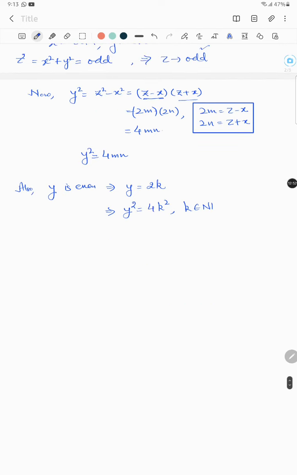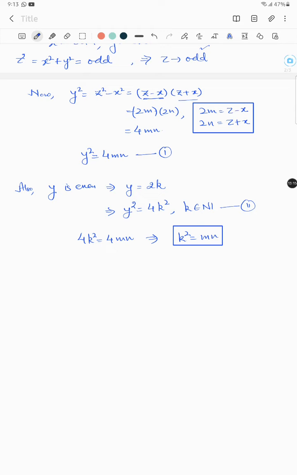So with these two equations, let me name this number 1 and this number 2. From first and second, 4 times k square is equal to 4 times mn, and this implies that k square is equal to mn. That's by comparing the two expressions of y square.